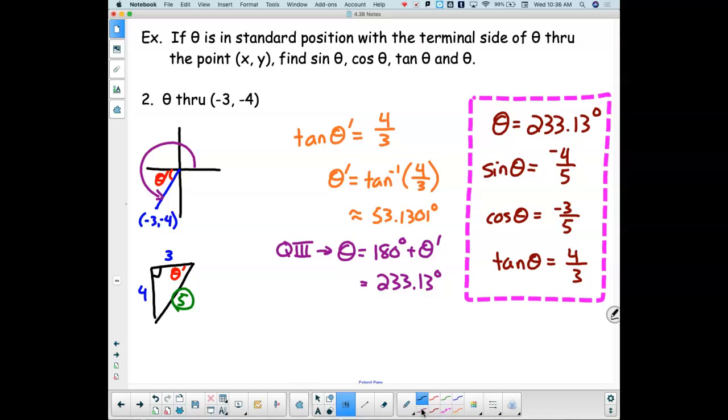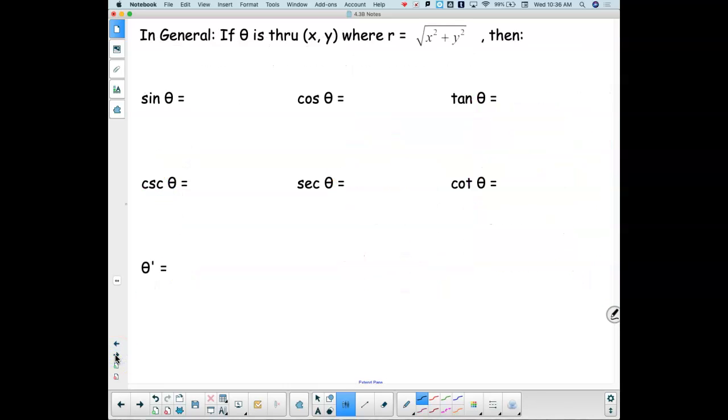Okay? Love it. So now, in general, if theta goes through the point (x, y), then r is the square root of x squared plus y squared, right?